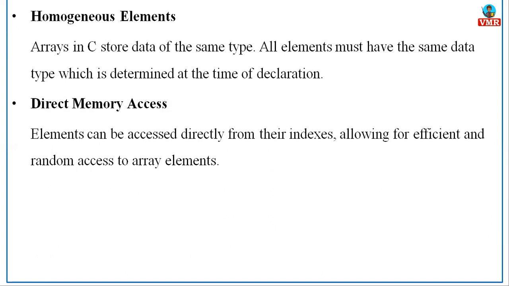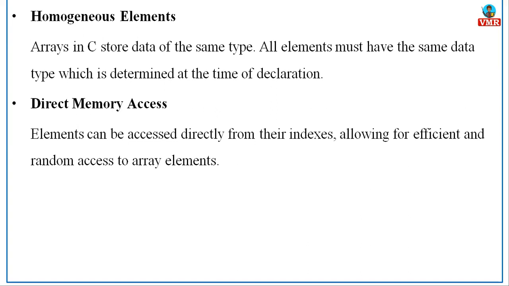And then the next one is homogeneous elements. Arrays in C store the same type of elements. So the same data type values have to be stored into the array, whatever you are declaring, right? All the elements must have the same type, which is determined at the time of declaration.